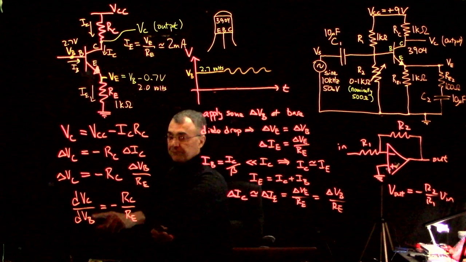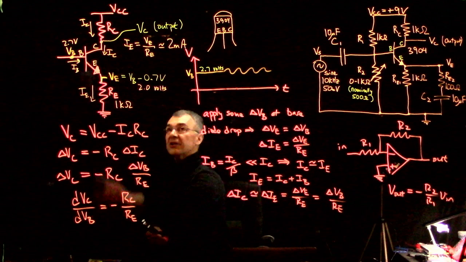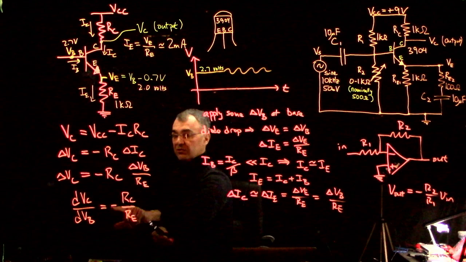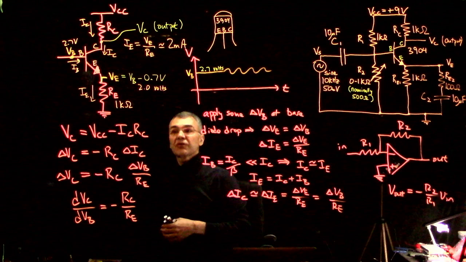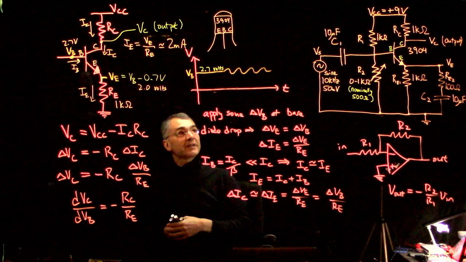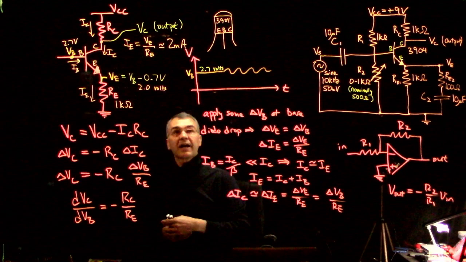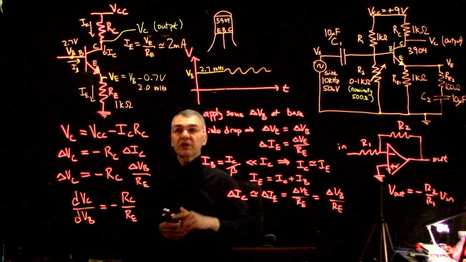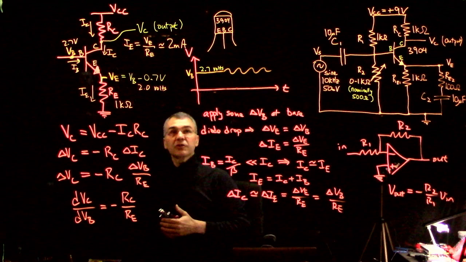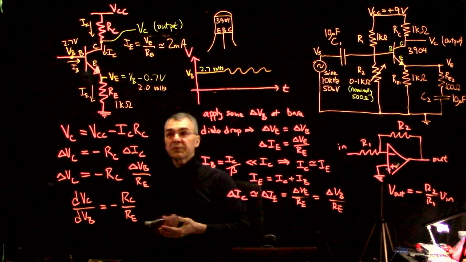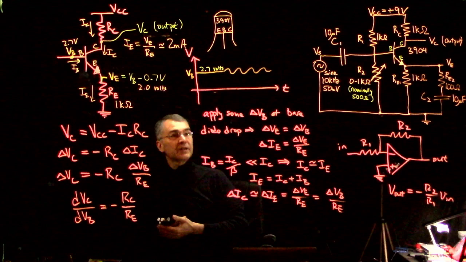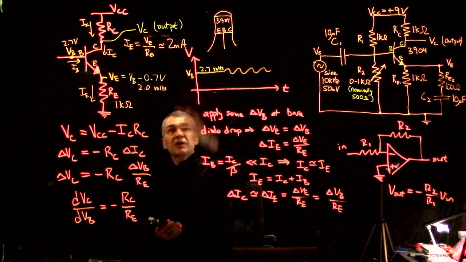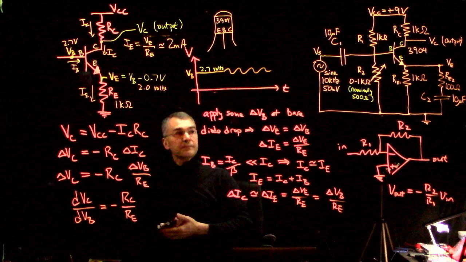So again, the change in the collector voltage with respect to the change in the base voltage is just minus the ratio of these two resistances. Okay, then we can talk about the complications that we had to add. First of all, it's inconvenient to have to add a DC offset to your input signal, because you probably want to amplify a signal that varies with respect to ground rather than with respect to some fixed offset of a couple of volts.